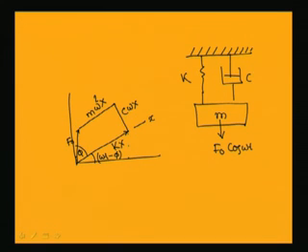When a force of f0 cos omega t acts instead of a force of sin omega t, you can take the horizontal component of this force. The equation will remain unchanged and you will get the same expression for the response, with x equal to X cos omega t minus phi instead of sin.